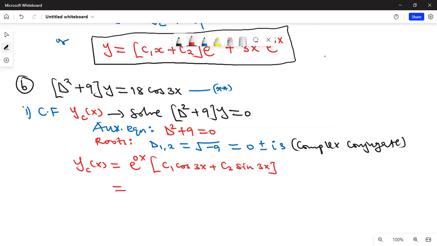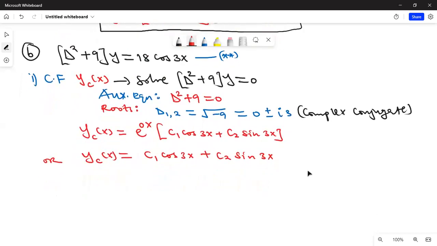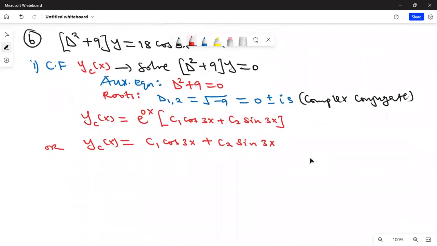So this is the same as c1 cos 3x plus c2 sine 3x, where c1 and c2 are arbitrary constants. So that's our complementary function. Let's find the particular integral, the second solution. The particular integral is denoted by y subscript p.